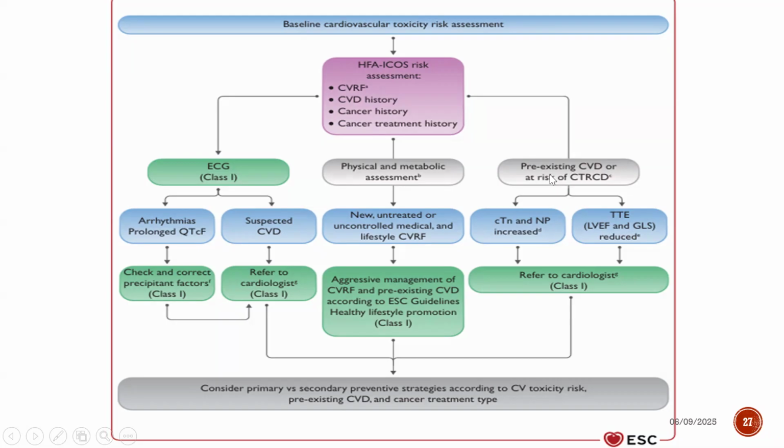How to try and identify whether they have a pre-existing cardiovascular disease or whether they are at risk of chemotherapy-related cardiac dysfunction. And this is mainly based on their troponin levels or natriuretic peptide levels, and also based on their transthoracic echo values, as well as reduction in the global longitudinal strain.